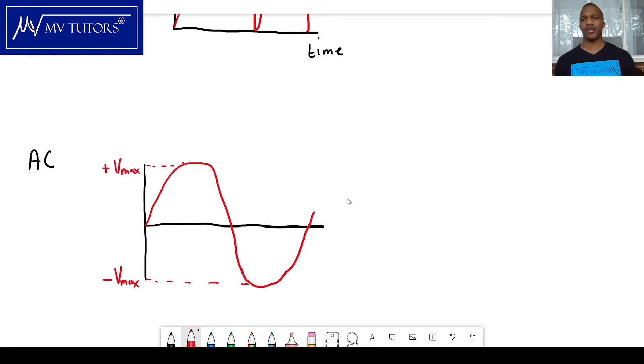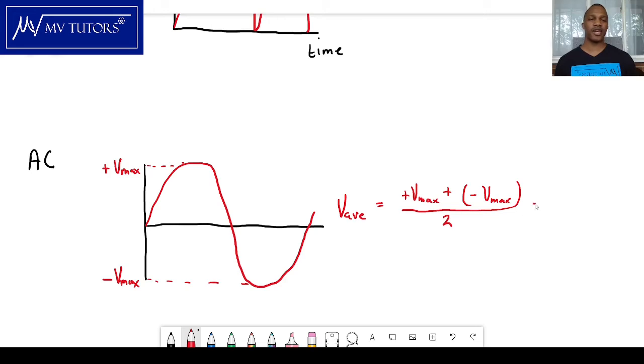When you're trying to solve for your average V, you take positive Vmax plus negative Vmax divided by 2, still taking the maximum plus the minimum value.